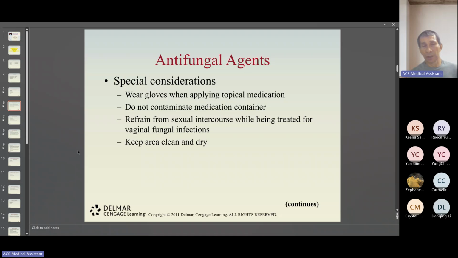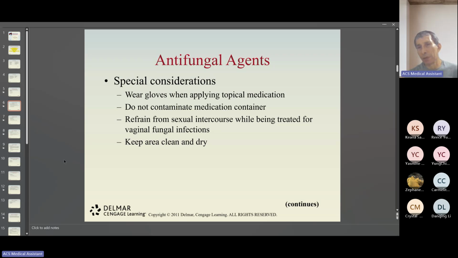Remember, if you get in contact with these antifungal agents and then it is on your fingers or other parts of the body, and then you have contact with the mucous membrane, eyes, nose, mouth, any other opening of our body, you're going to cause spreading of these medications where they're not supposed to be applied. So once again, very important: understand not to contaminate these medications.